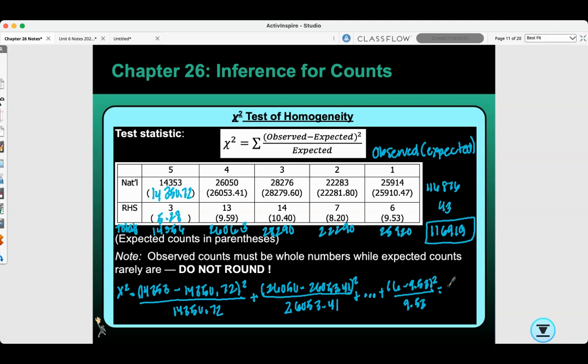And this would give you a chi-squared statistic of 4.929.